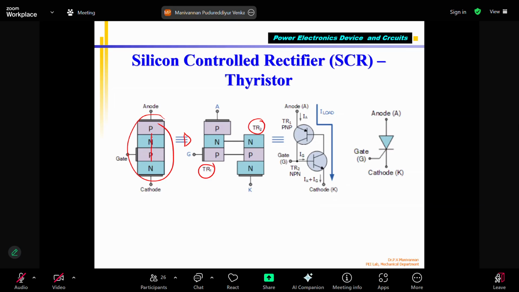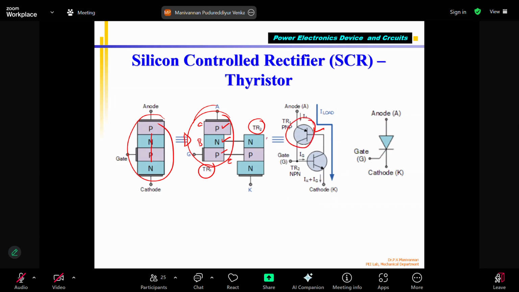So one becomes one transistor, PNP. This is transistor 1. This transistor, correct? P followed by N, middle this is correct. This is my emitter. So it forms one transistor. Correct.